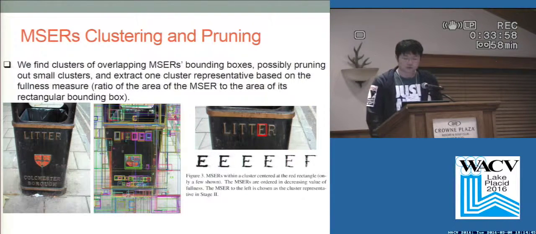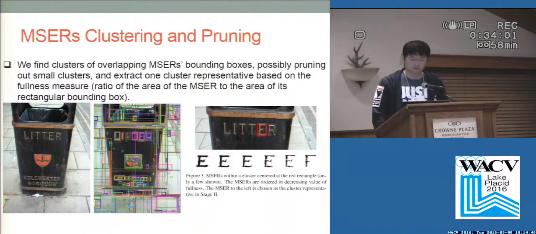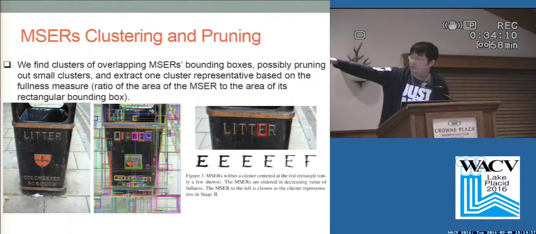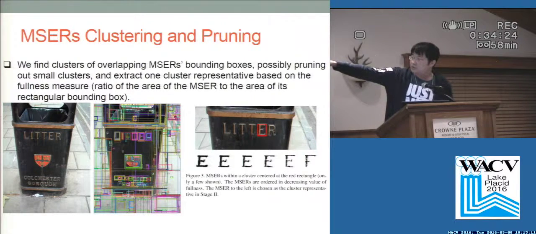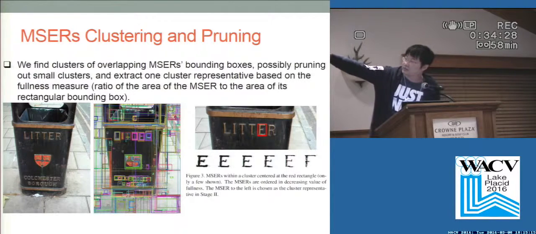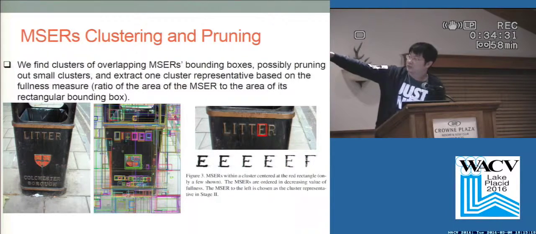To do that, we define a new measurement called fullness. Fullness is the number of black pixels in the MSER mask divided by the size of its rectangular bounding box. In the right image, bottom line, we see several MSERs from the same cluster, labeled by the red rectangle on top.